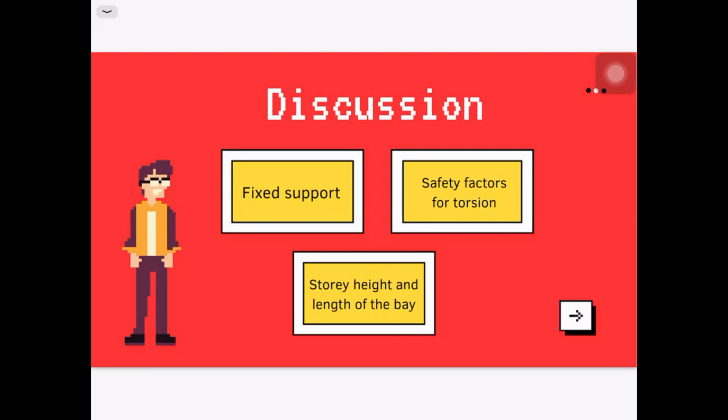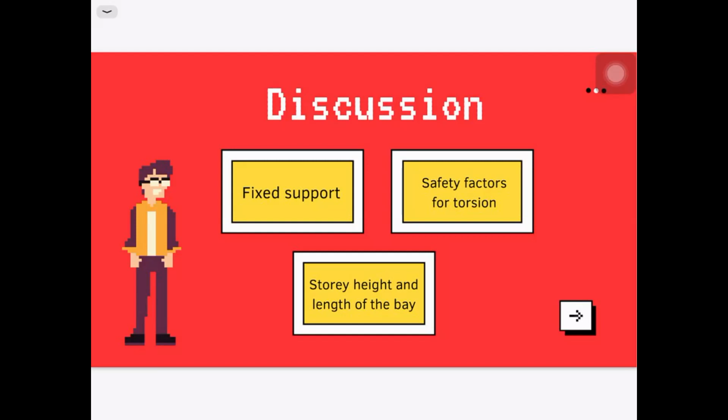Okay, for the safety factor for torsion. In order to prevent failure due to torsion at the critical section, safety factors are used for the moment of inertia, which we call the effective moment of inertia, as the torsion is mostly dependent on the value of the moment of inertia.